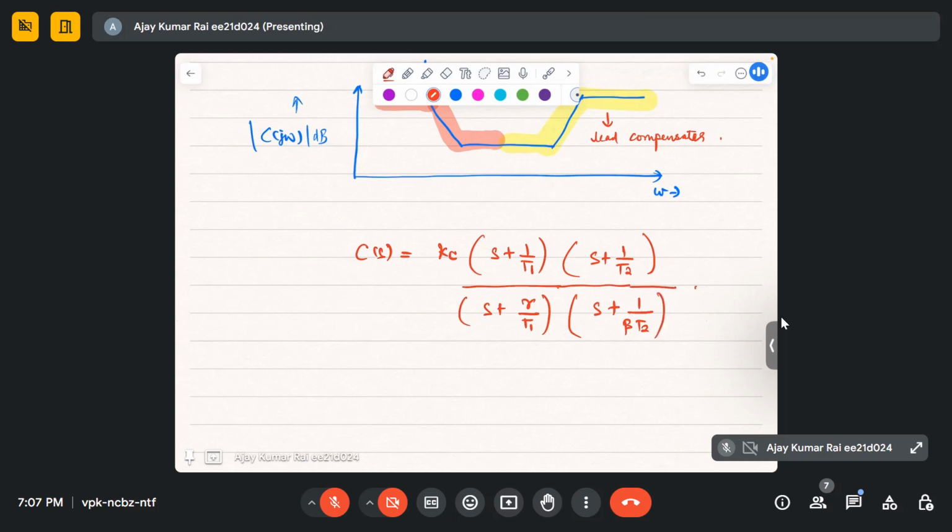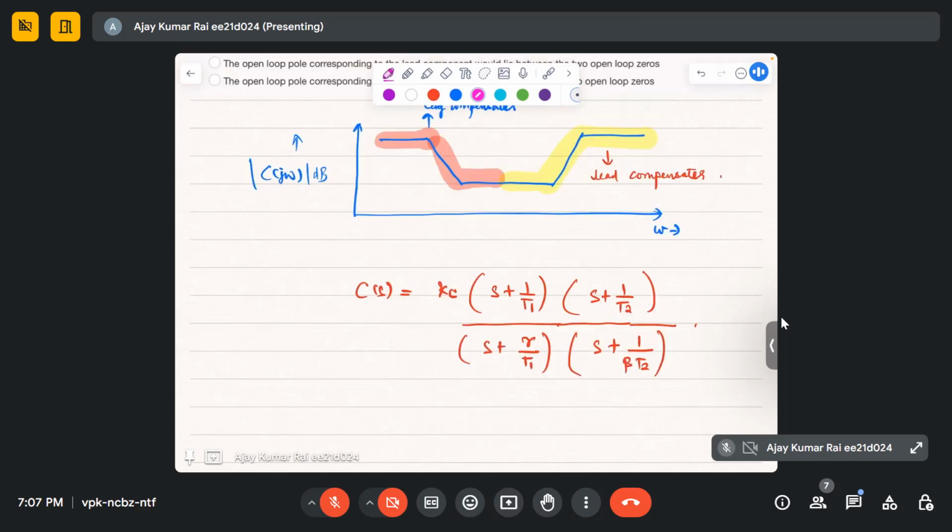Please see if I'm making any mistake here. We try to mark the corner frequencies here. You tell me what these corner frequencies are: omega 1, omega 2, omega 3 and omega 4.